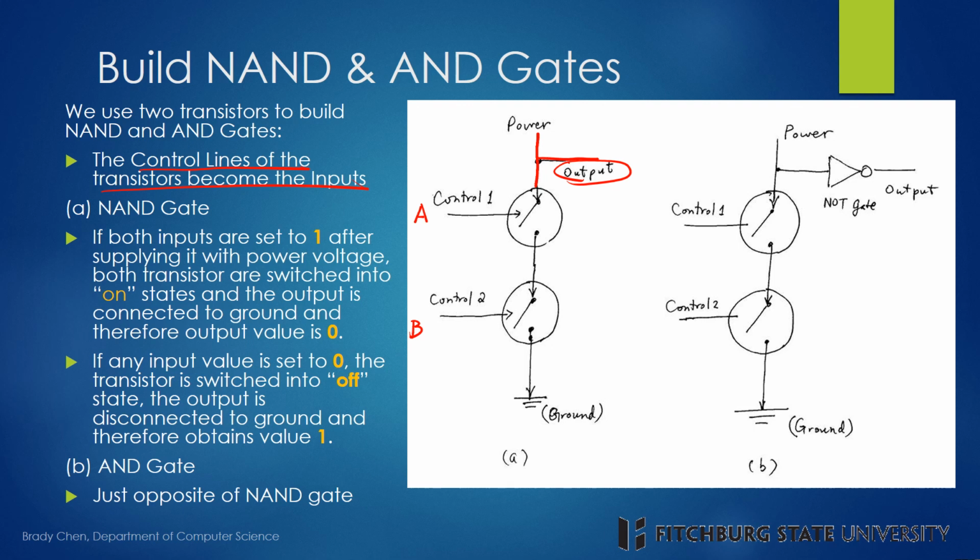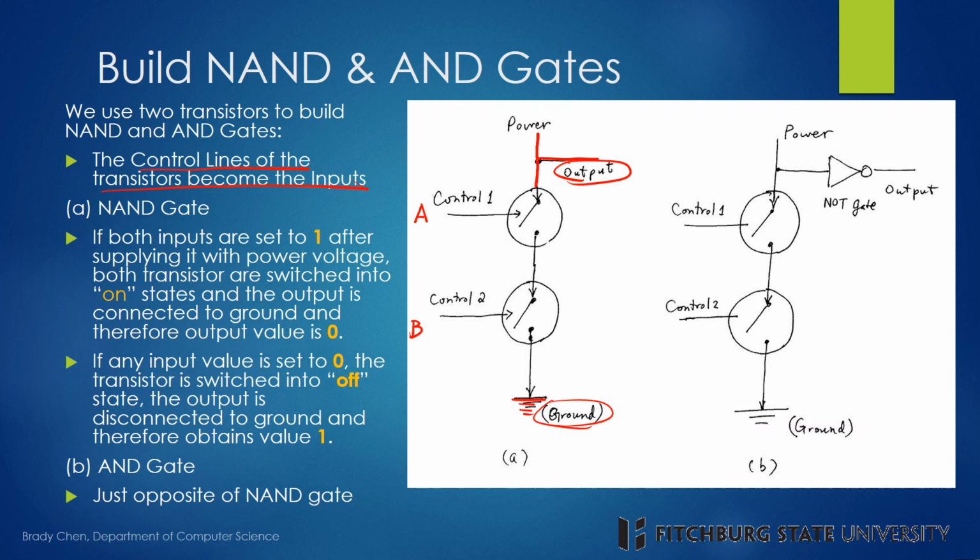If we set the control line to 0, then the switch of the transistor is in the off position. The second transistor, transistor 2, is connected to the ground on the emitter side. So now let's see how it works.